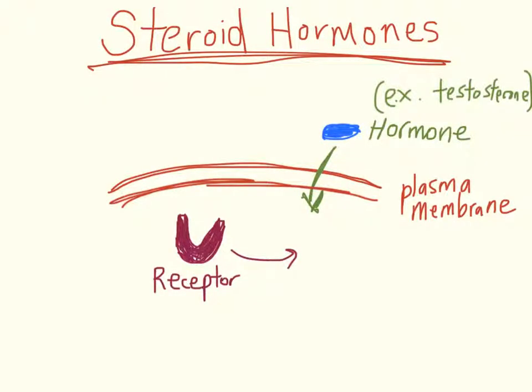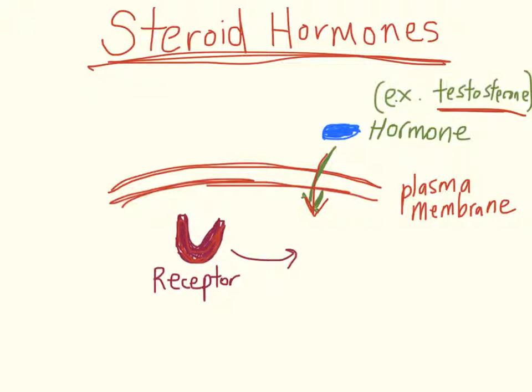Let's take a look at how steroid hormones would work. For example, we have, say, testosterone here, which is a steroid hormone. And because it's hydrophobic, it can very easily go across the plasma membrane. Now, in the case of steroid hormones, there will be a receptor that's in the cytoplasm.